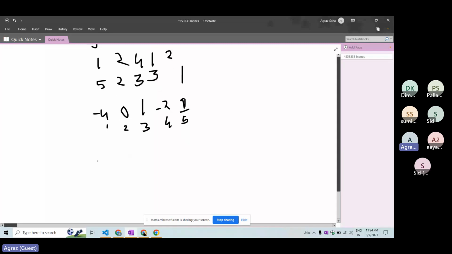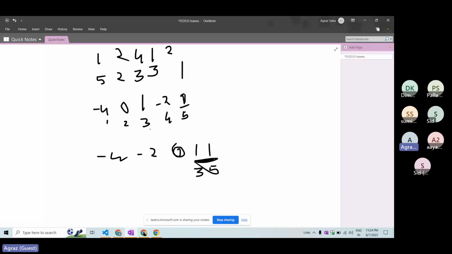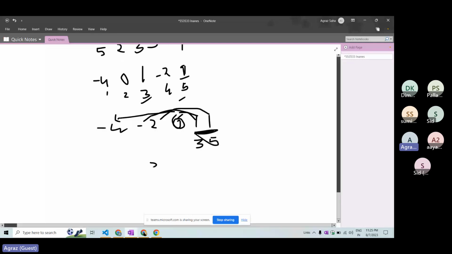If I sort this array: minus 4, minus 2, 0, 1, and 1, you see the ones with the maximum value are at indices 3 and 5. These will be connected to every other vertex, so we have to print 3 and 5.